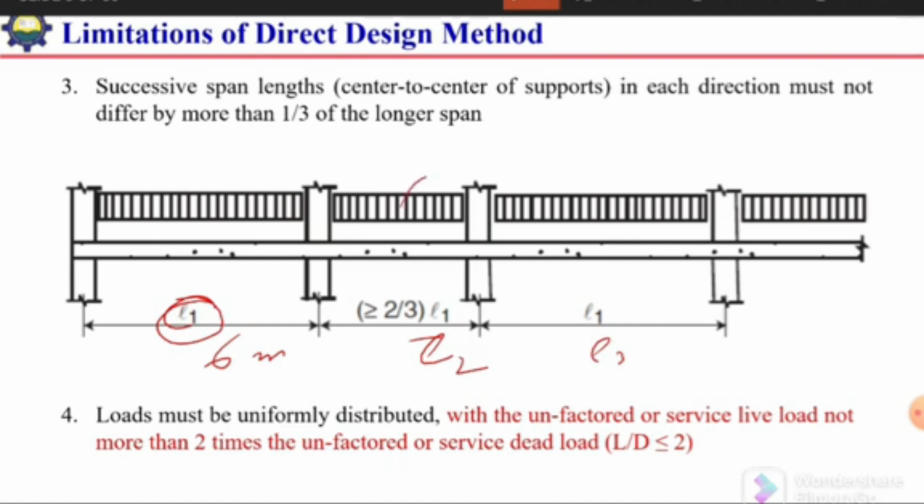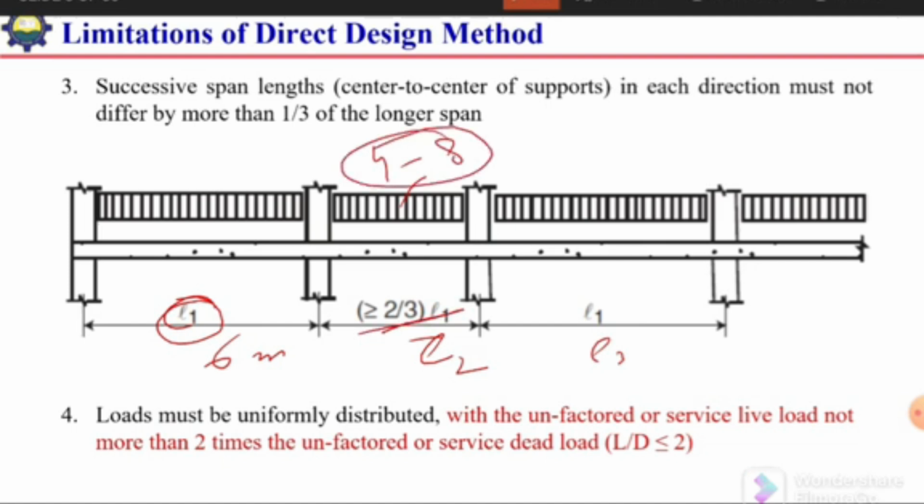So the next span should lie, or the difference of the panel length of the next span can be only 1/3 of the first span. So 1/3 of the first span, or 6 meter, can be 4 meter or 8 meter. So the length of this panel can lie between 4 and 8.